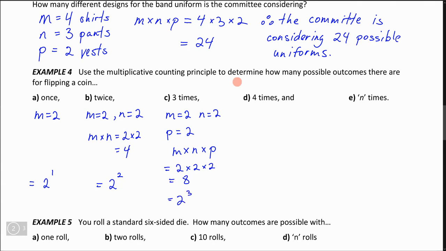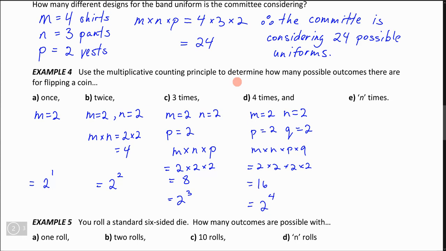What about 4 times? Well, now I'm just introducing another letter here. So M equals 2, N equals 2, P equals 2, and let's say Q equals 2. Multiply M times N times P times Q, and we get 2 times 2 times 2 times 2, which is 16, or as a power, I can express that as 2 to the power of 4.